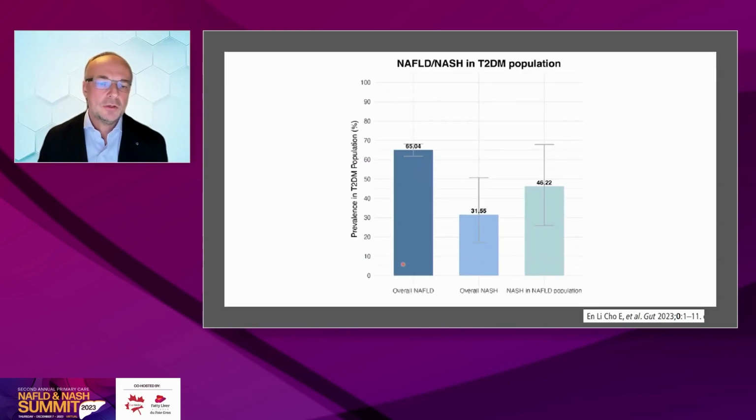But we can go into the prevalence of different things here again from another population. Again, if we look at the type 2 diabetes population, in this paper and also a recent meta-analysis, it's almost 2/3. But if you look then in those with type 2 diabetes, how many have NASH, so the inflammation part in the liver? We're also close to 1/3.